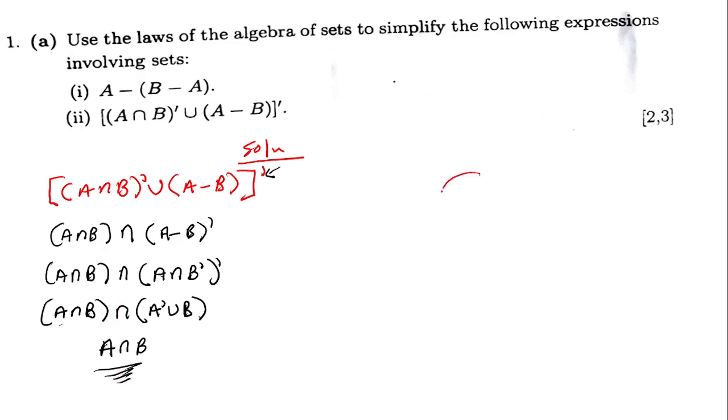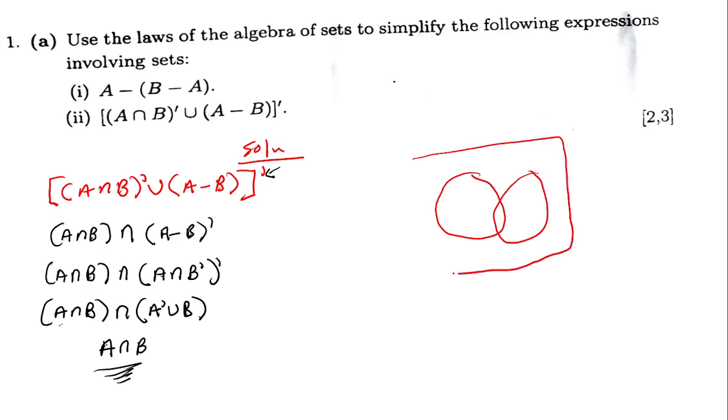A complement union B, it is B with the outside. So if you have this as your A and this as your B, let me try to illustrate it using the Venn diagram.